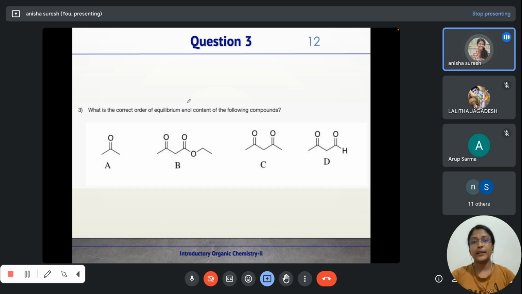Now coming to the third question. What is the correct order of equilibrium enol content of the following compounds? So I forgot to keep the options here.